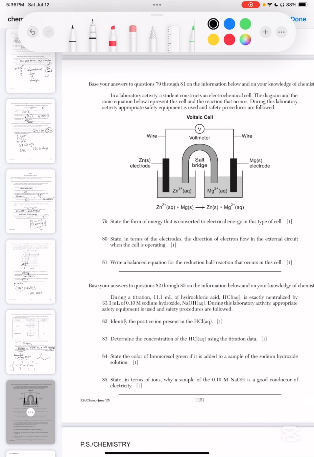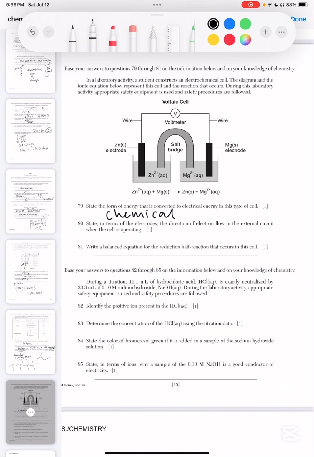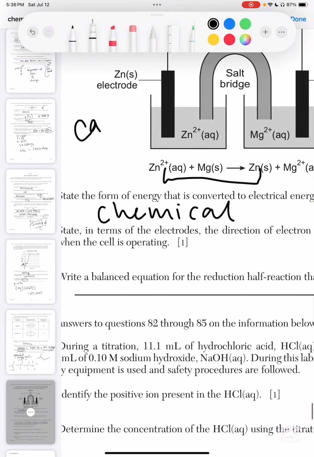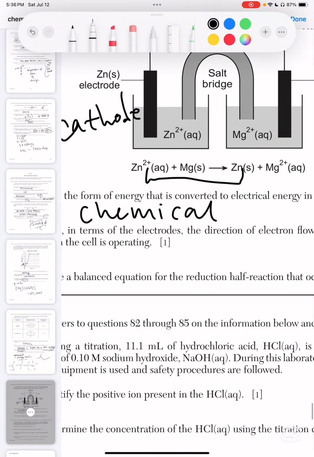State the form of energy that is converted to chemical energy is converted to electrical energy. I just said it, it's so natural after doing a lot of these. State in terms of electrons what direction, and so on. So as you can see here, this is being reduced. Zinc is the cathode. I'm a little sleep deprived.